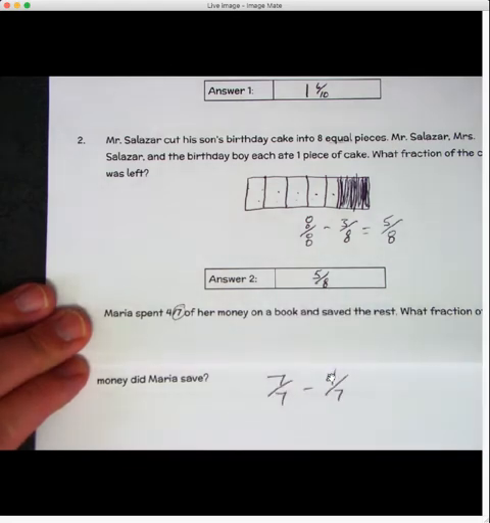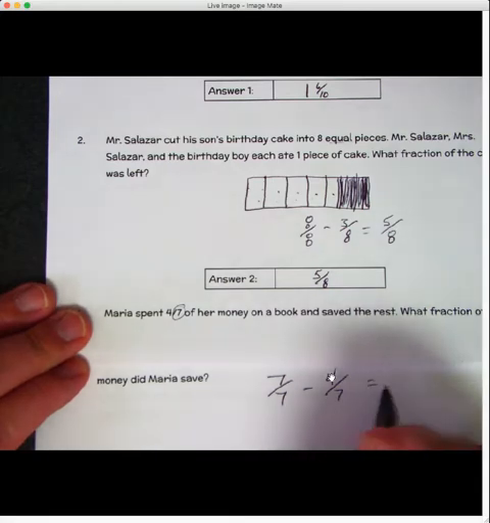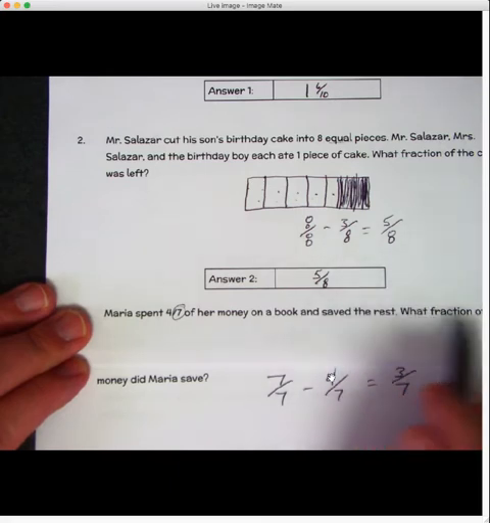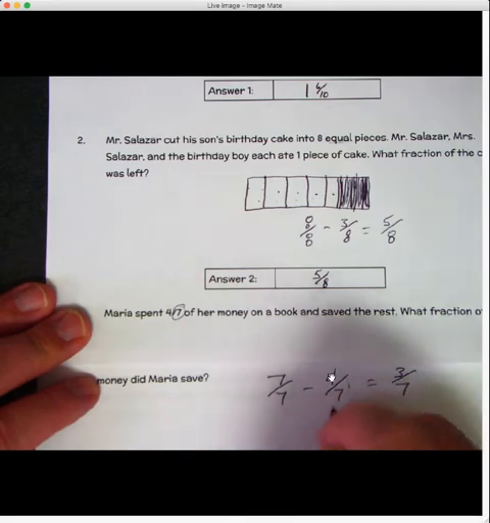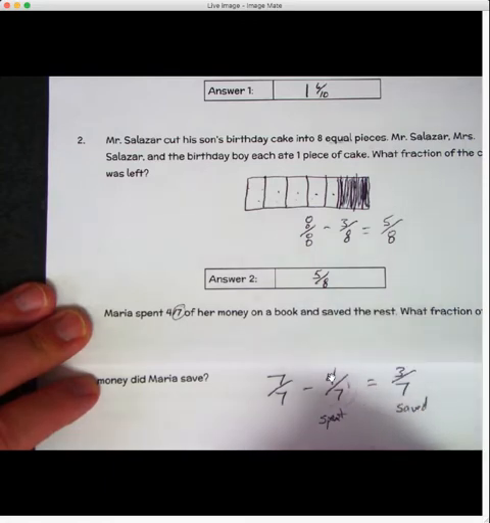We're subtracting. She spent 4/7 of her money. So let's subtract. 7/7 minus 4/7 is 3/7. What fraction of her money did she save? She saved the rest that she didn't spend. Here's what she spent. And here's what she saved. So she saved 3/7 of her money.